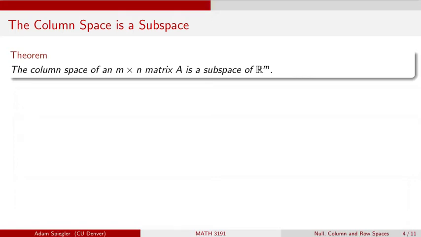So in the case of the column space, what we're claiming here is the column space of the matrix A is a subspace of the codomain, which is Rm.